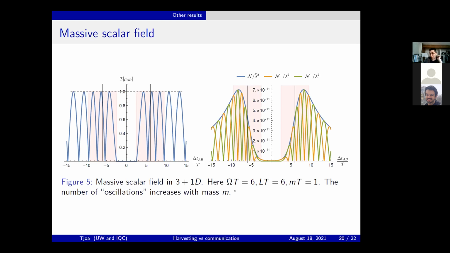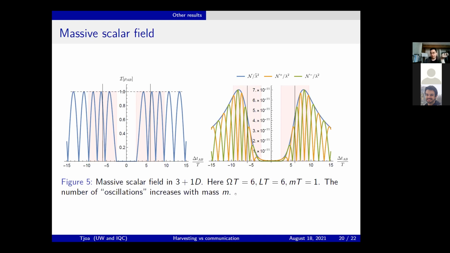Another observation you can make is that you can ask how these oscillations are controlled by the mass, right? Because that's the only extra parameter compared to the massless case. And the answer is yes, because remember, the mass m enters through the exponential of the plane wave mode. Your plane wave mode has e to the power of i omega t, and that omega involves m.